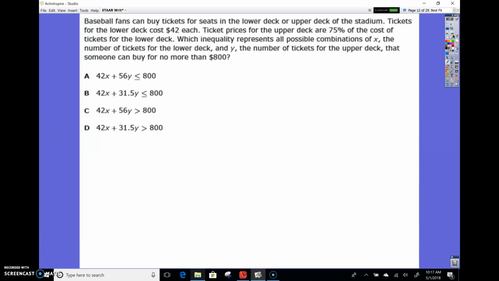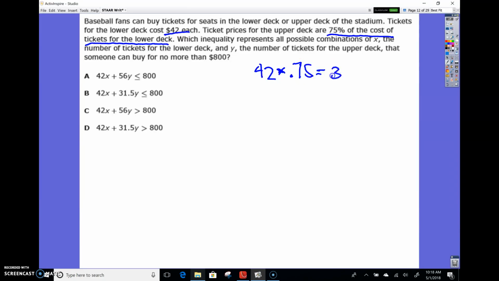Why don't you try this one on your own? You just have to make sure 75% of the tickets go to the lower deck. One thing you have to do is multiply 75% by the lower deck, which is this. Make sure you do this first.